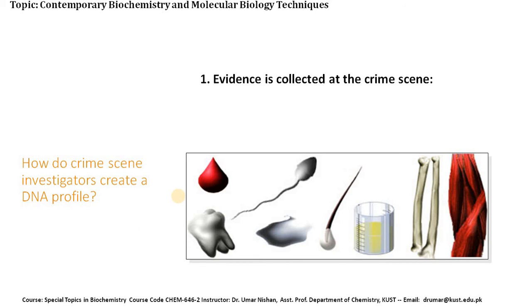Now I give you an example of how crime scene investigation can be performed with the help of PCR. These are different possible samples that can be collected from any crime scene, including blood, teeth, semen in cases of rape, saliva, hair, urine, bone tissue.